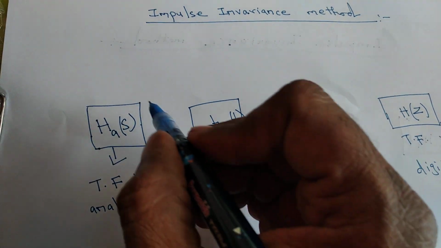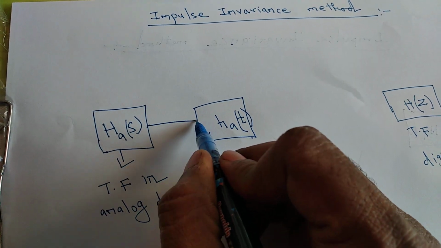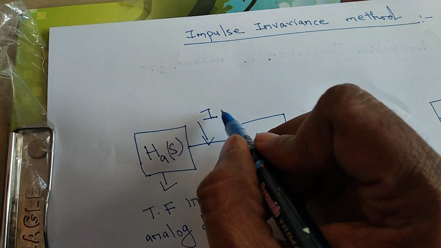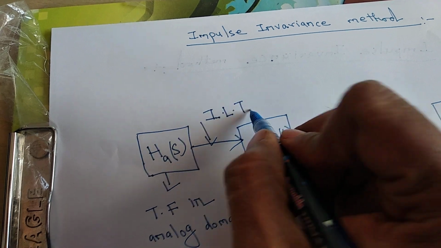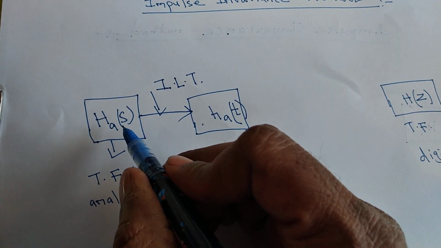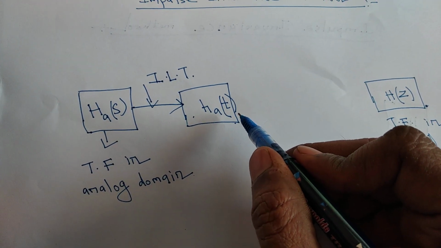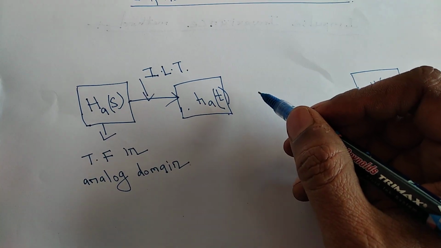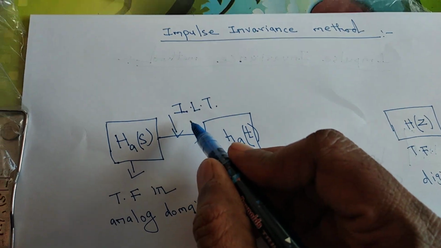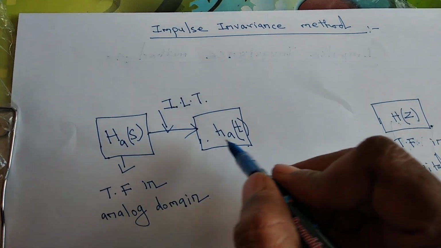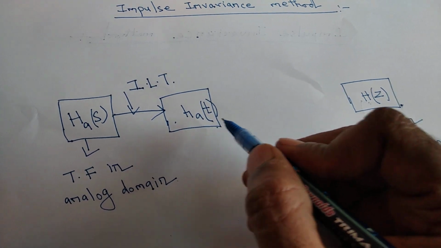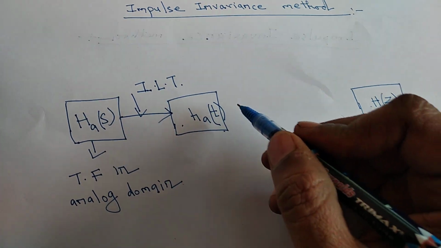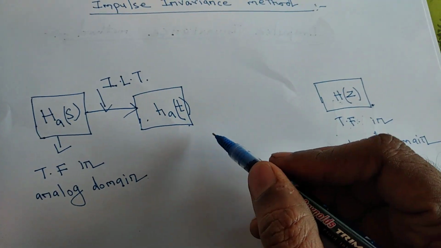This is how, if we take the inverse Laplace transform of H a of s, we obtain the function H a of t, that is the transfer function in the inverse Laplace domain.